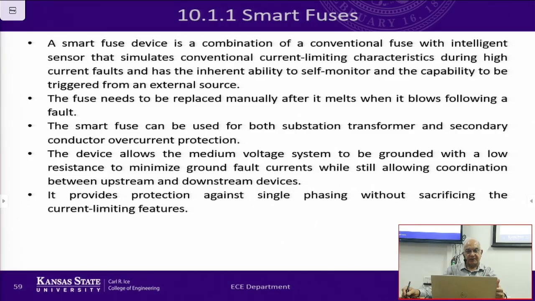By doing that, they can implement current limiting, because if you put a monitor inside the fuse to monitor how much current is flowing, they can also monitor the temperature and many other things. These are more at a research stage, maybe early stage of commercialization, but not very widely used. But there is at least some discussion and availability of these kinds of fuses.